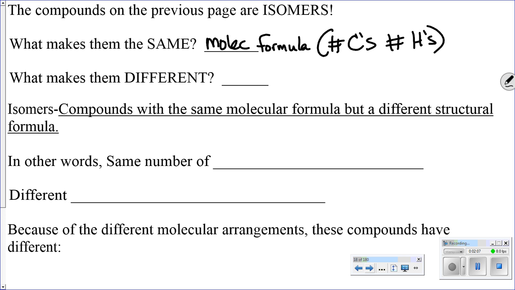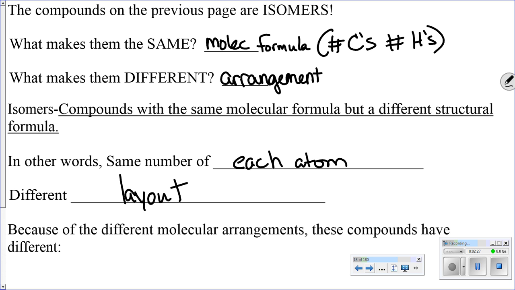The arrangement or the structure of those atoms is different. Isomers are compounds with the same molecular formula, but a different structural formula. Same number of each atom in the molecule, different overall layout.